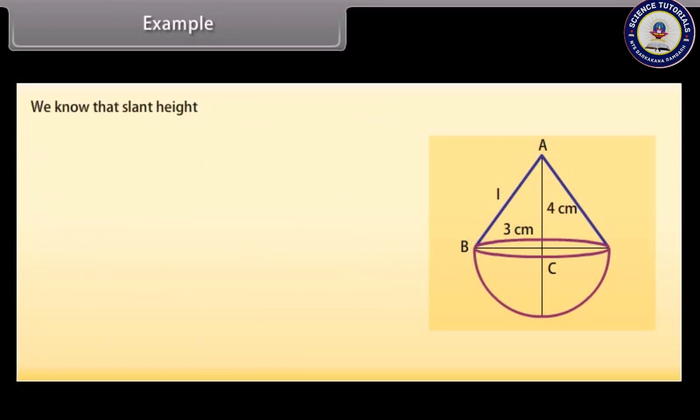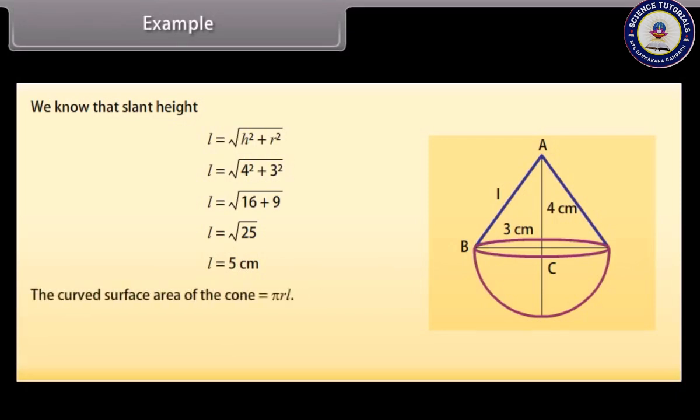We know that slant height l is equal to square root of h square plus r square, which equals square root of 4 square plus 3 square, which is equal to square root of 16 plus 9, which is equal to square root of 25, which equals 5 cm. Now substituting the values of pi, r and l, we get 3.14 into 3 into 5, which is equal to 47.1 centimeter square.